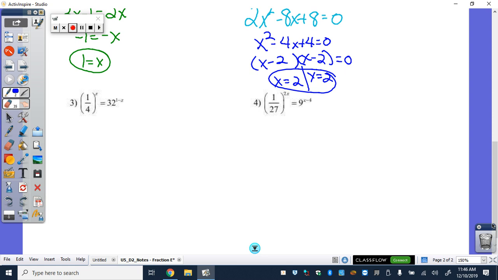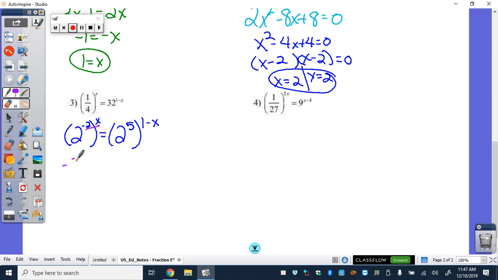So because this is a fraction though, that's going to become 2 to the negative 2. My 1/4 is 2 to the negative 2, and then to the x power. 32 is going to be 2 to the 5th. And then the 1 minus x, that was already part of the exponent there.